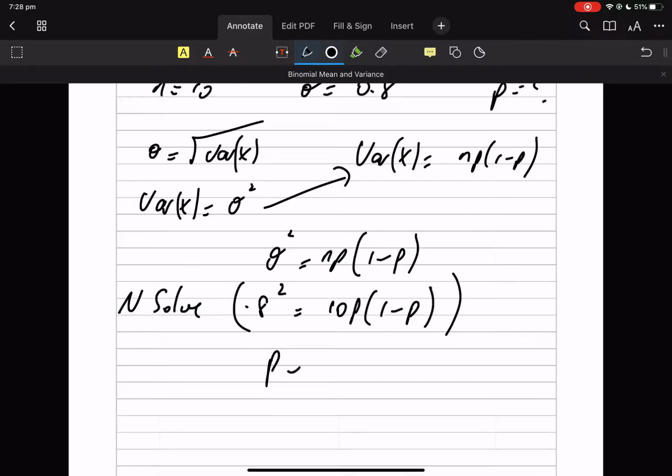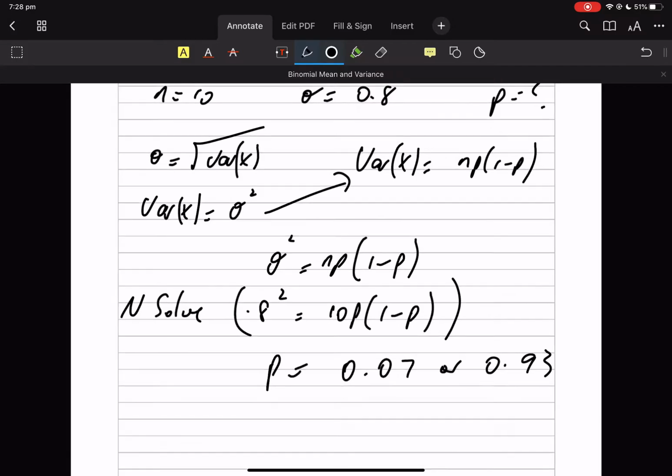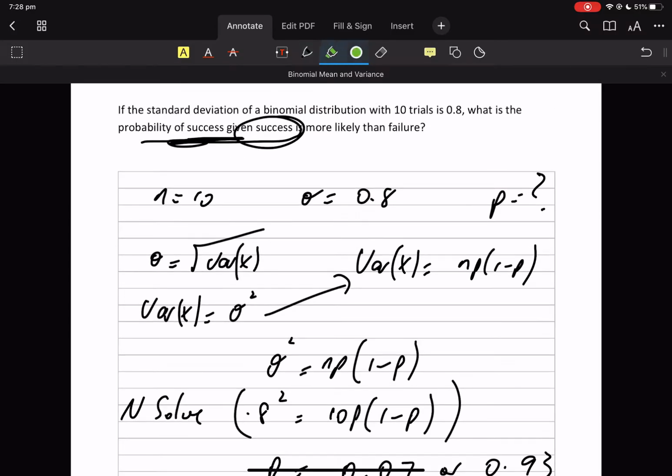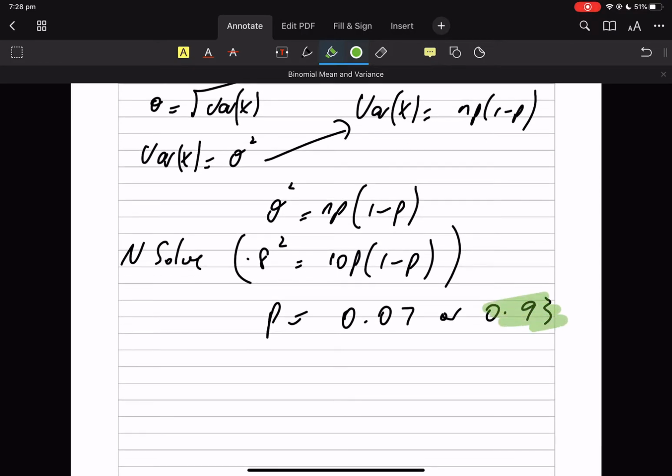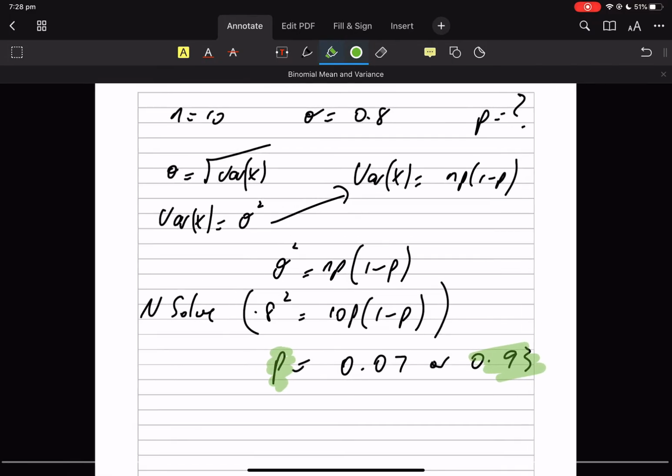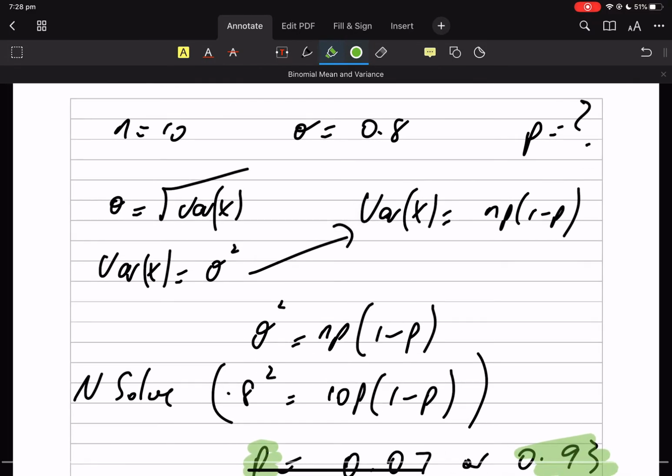So p will equal 0.07 or 0.93. There's more decimals there if you want. And clearly, because of the hint, success is more likely than the failure. We're going to go with p is 0.93. So again, this is one of the easier chapters.